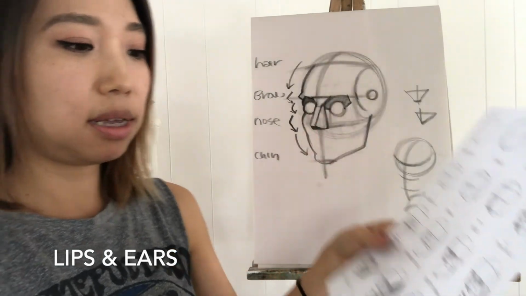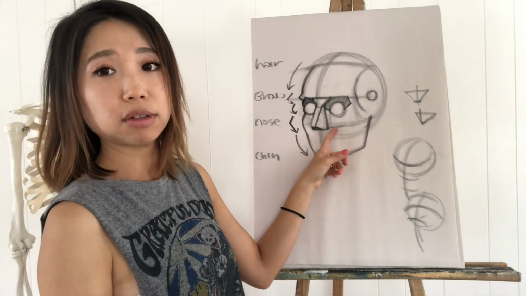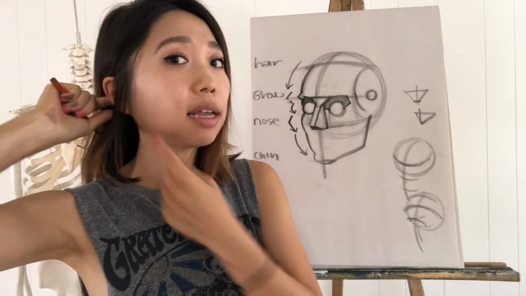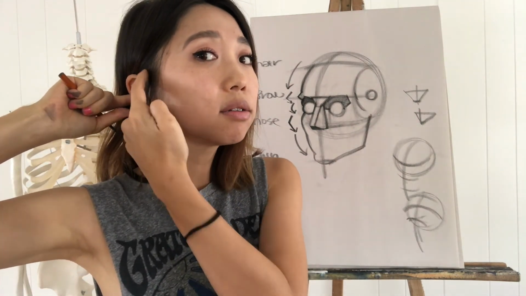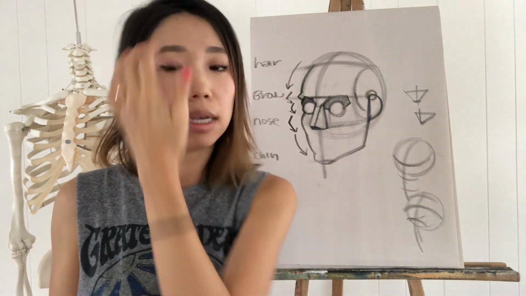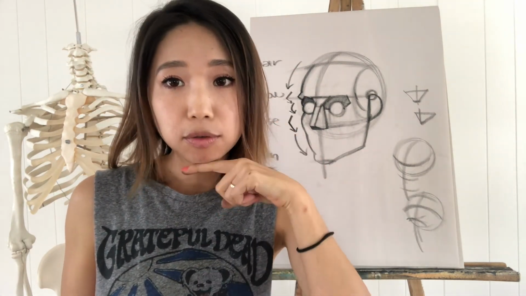And now we have the lips and the ears. So you know where the ear location is. That's in between the brow and also the bottom of the nose, right above the jawline, right over here. And the lips are gonna be in the upper third area from the bottom of the nose to the chin.